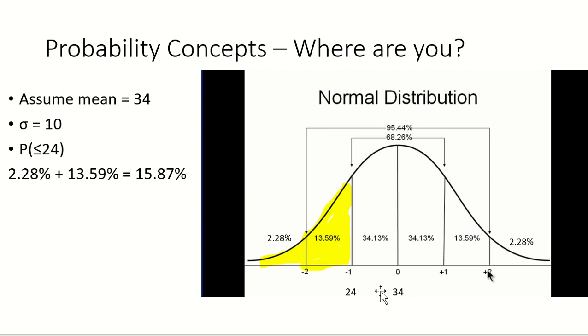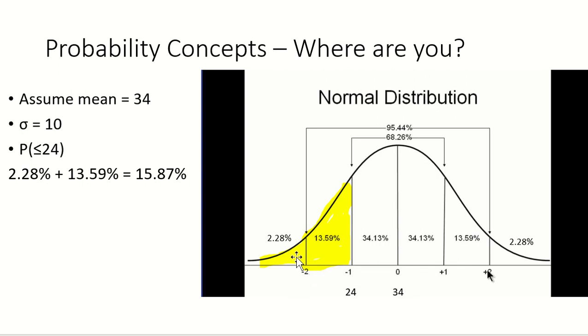My mean weight is 34 pounds, the standard deviation is 10, and I want to guess the probability that the next bag that comes off the conveyor is going to be less than or equal to 24 pounds. 34 is the center, the mean, the standard deviation is 10, so I'm going 1 standard deviation below.